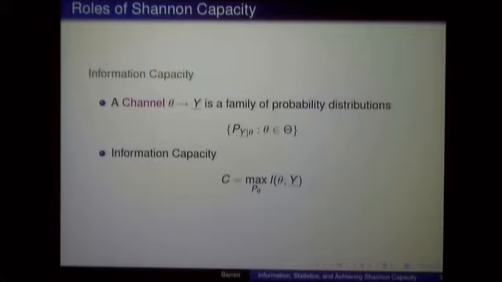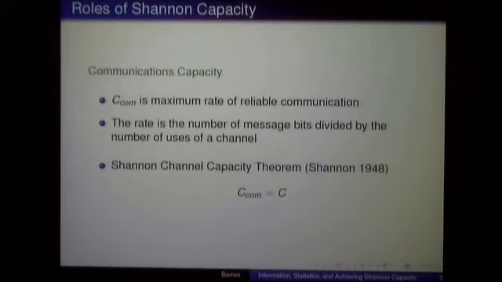But the same information capacity: the maximum over distributions on the input random variable theta of the mutual information between theta and y. In the statistical setting, that might be called a prior, and you're maximizing an average case of something.